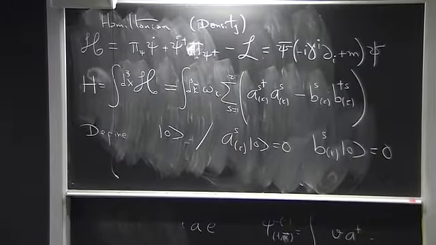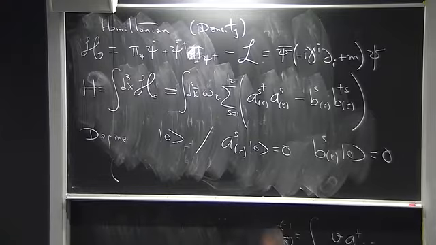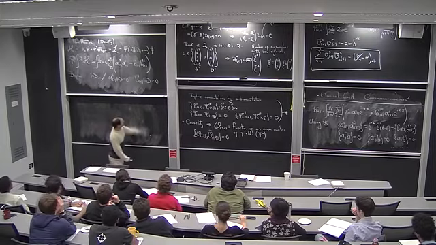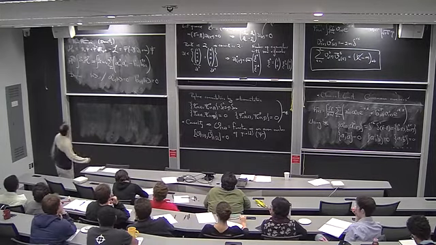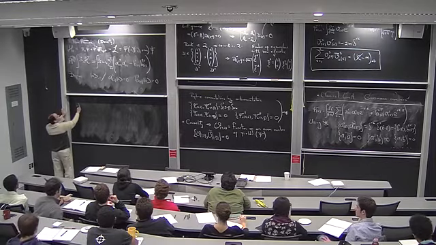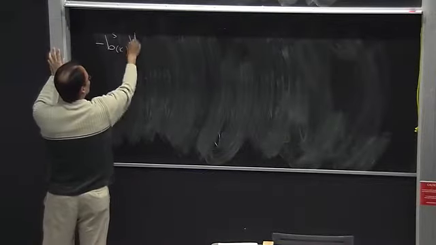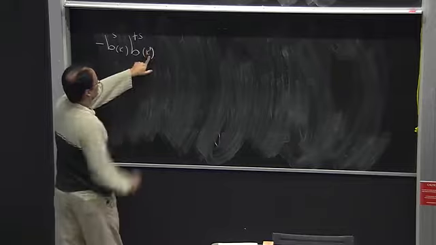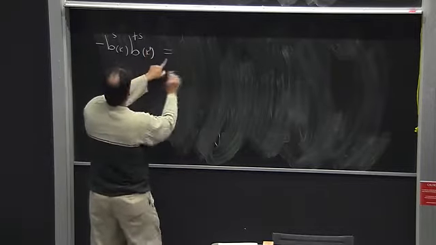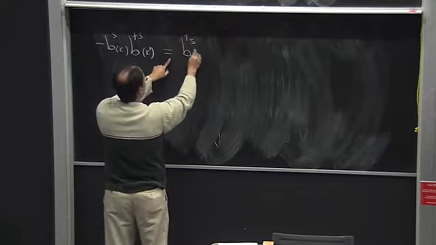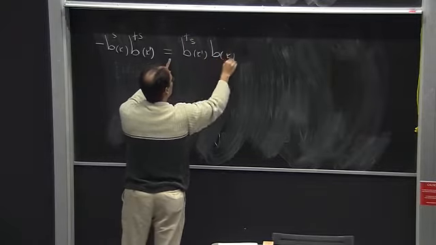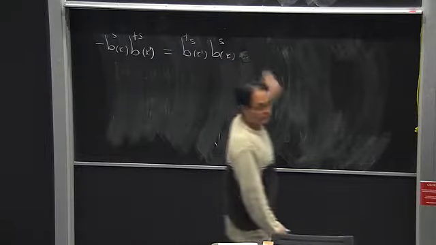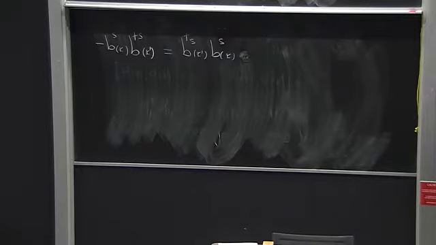So can anybody see what's going to happen? Still looks like a disaster, but what kind of disaster? Well, we have minus Bs, let's pretend for a second that they are at different momentum, okay? And we want to write this as Bs dagger. Sorry. And what do I have to put here? If you look at the anti-commutation relations.